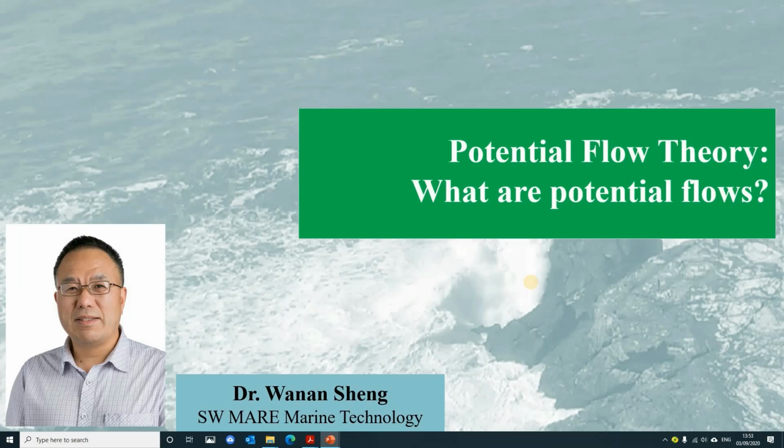While in aerodynamics, lift generation on lifting bodies might be the most important issue, together with possible air compressibility. Therefore, the potential flow theory would be different in many aspects. Thus, the potential flow theory here would be more for aerodynamics applications.